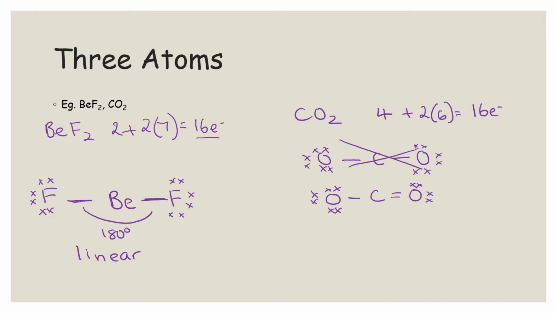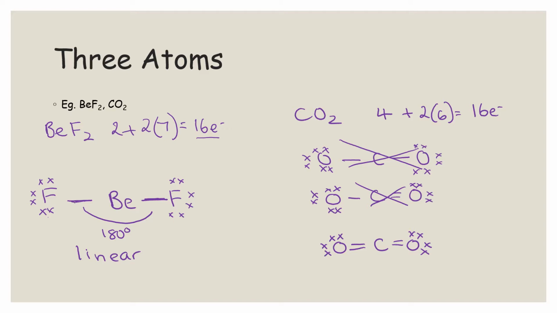Check your electron count, 2, 4, 6, 8, 10, 12, 14, 16. Right number of electrons, but our central atom only has 2, 4, 6, which is incorrect. So now put a second double in. And this time you can see our central atom has 2, 4, 6, 8.